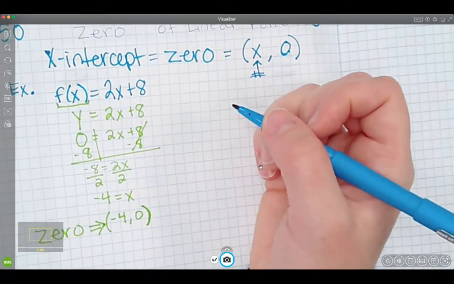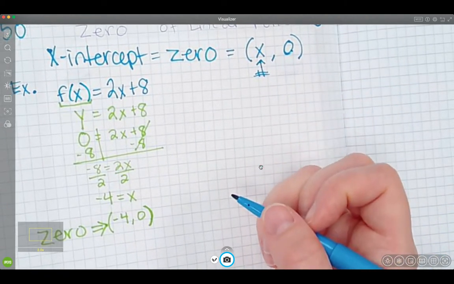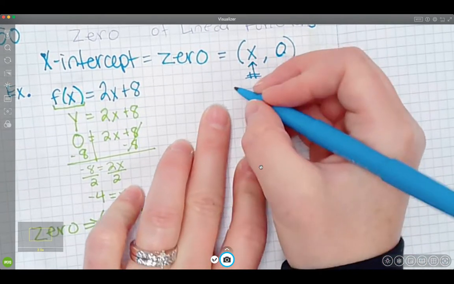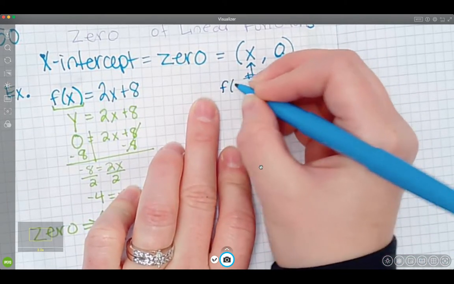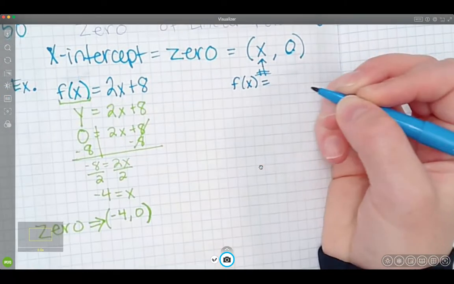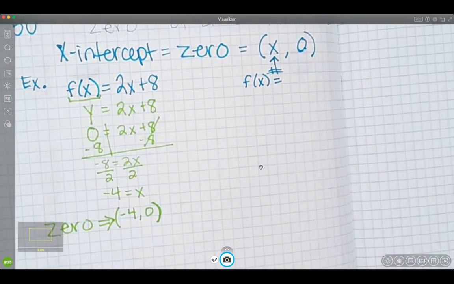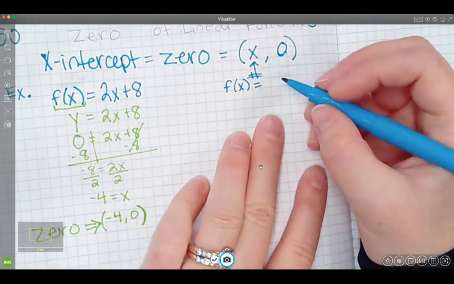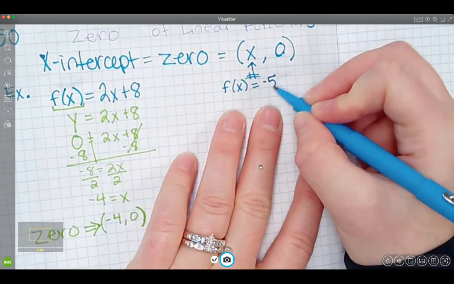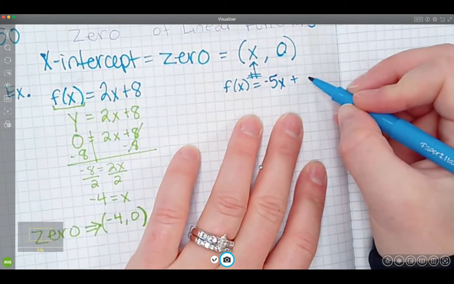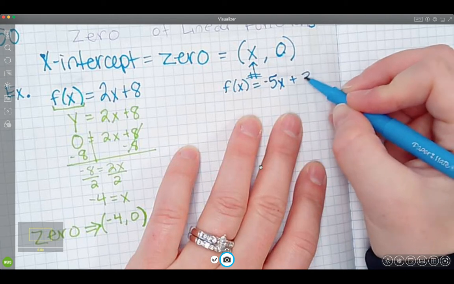Okay, let's do another one. F of x equals -5x plus 3.